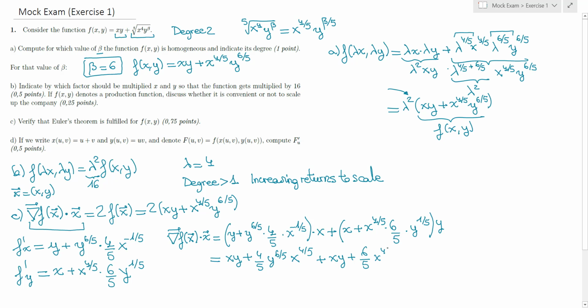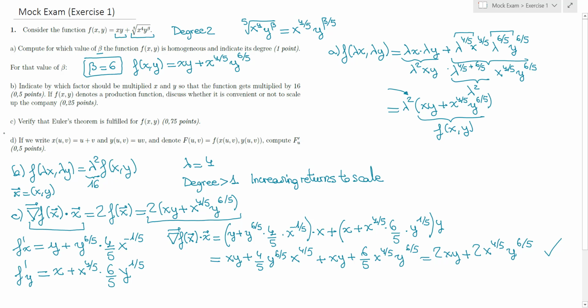Of x to the 4/5 and y to the 6/5. So now xy gives us twice xy, and 4/5 plus 6/5 is 10/5, which is 2. And this actually is giving us what we wanted to show. So we have verified Euler's theorem explicitly by computation.